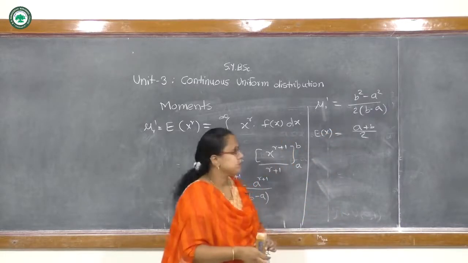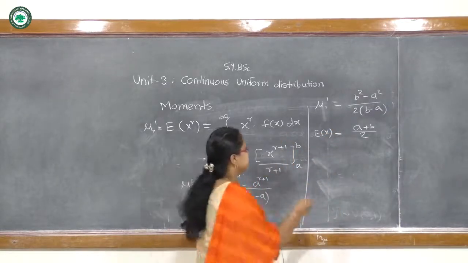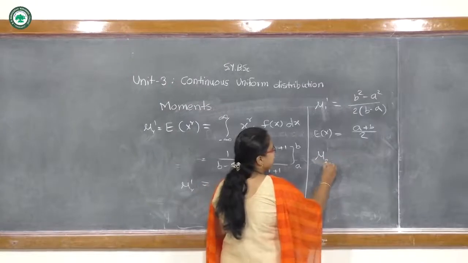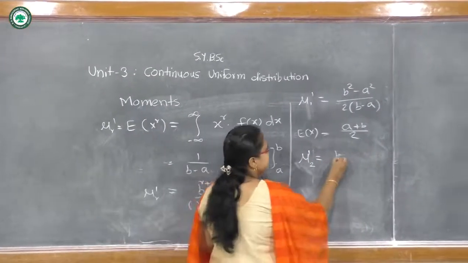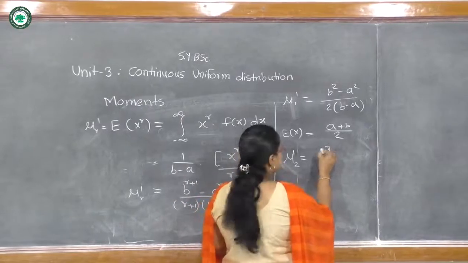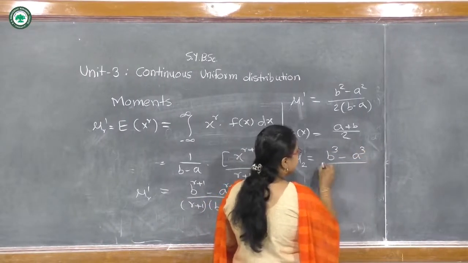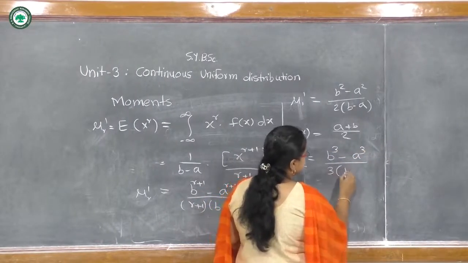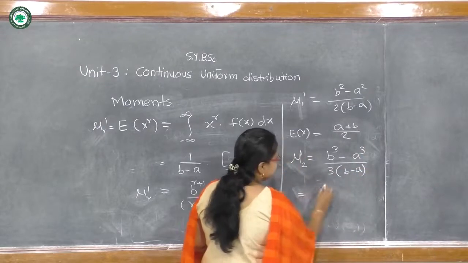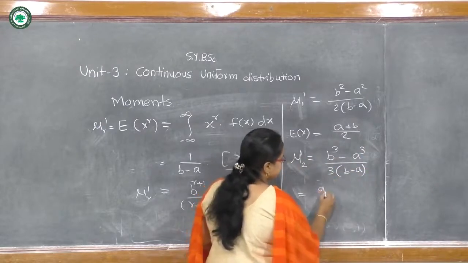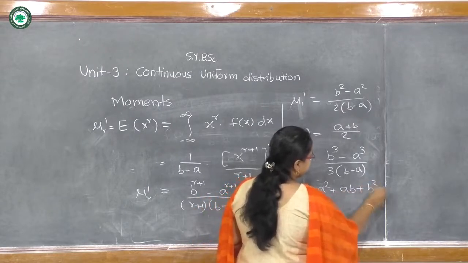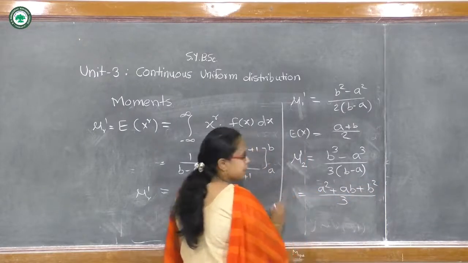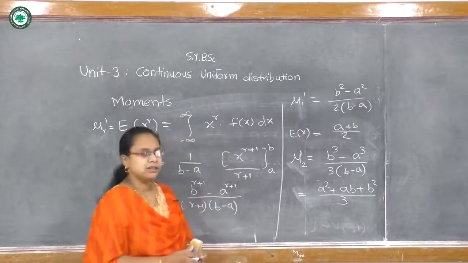We know that mu1 dash is expected x. Then if we put r equal to 2, we get mu2 dash, which is b cube minus a cube upon 3(b minus a). We can solve this and find it is a square plus ab plus b square upon 3. So it is the same as expected x square.